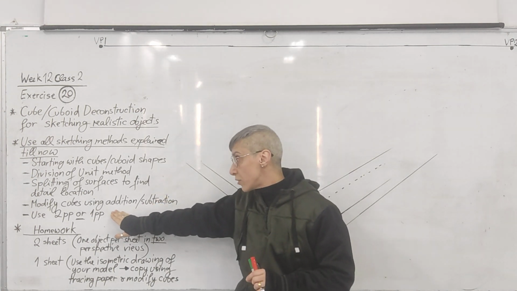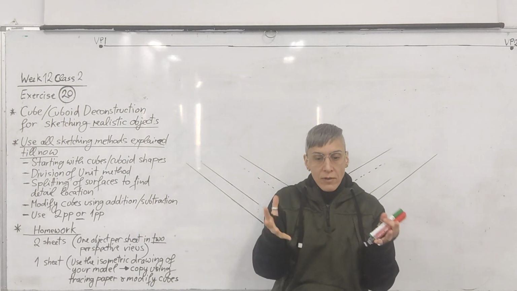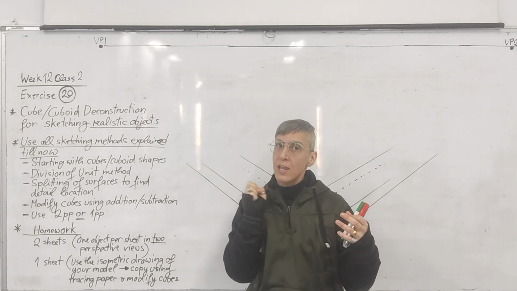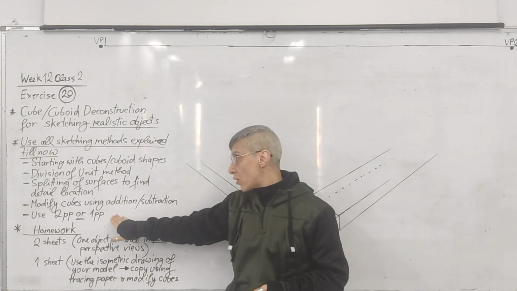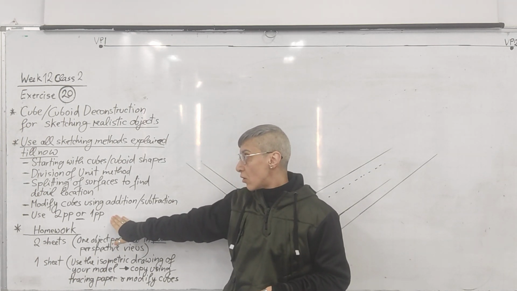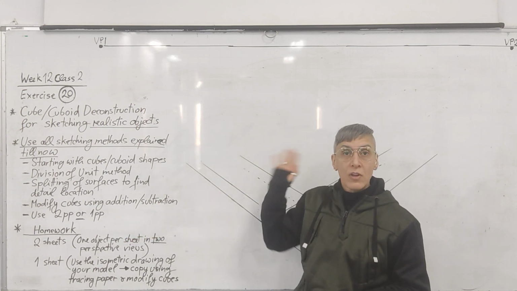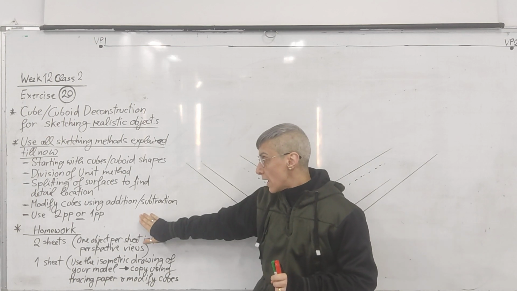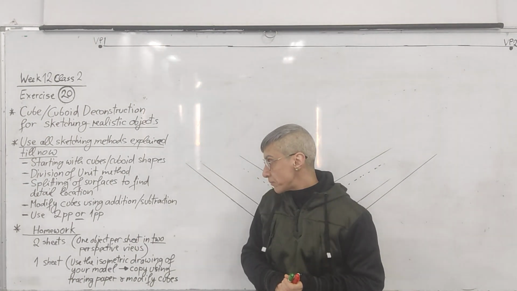We will use modifying cubes using addition and subtraction, meaning we have a cube or cuboid shape and we add things to it or we take away parts from it. So we will use 2-point perspective, or you can use 1-point perspective. It doesn't really matter. You can apply this to 2-point perspective or 1-point perspective. Okay? And the homeworks, I will talk about it later.